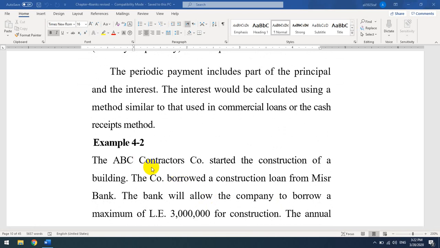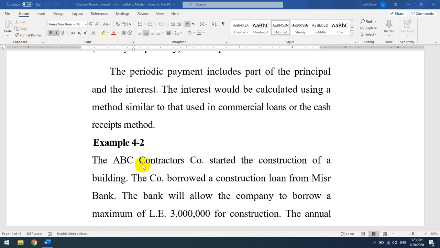The type 1, which is construction loan, example 4.2. Assume that the ABC contractor company started the construction of a building.